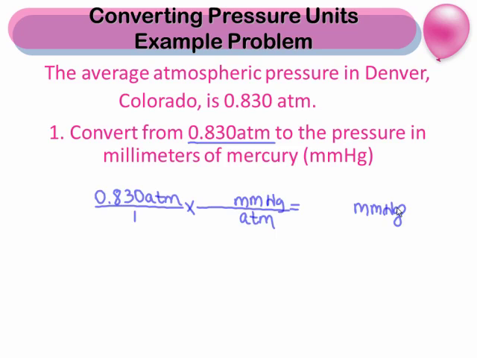And then I'm going to plug in the numbers that we talked about on the previous slide. 1 atmosphere is equal to 760 millimeters of mercury. We're going to look at all of the values in this setup to determine sig figs. So we can see that the least number of sig figs is 3. If I multiply across and round to just 3 sig figs, my answer is going to be 631 millimeters of mercury.